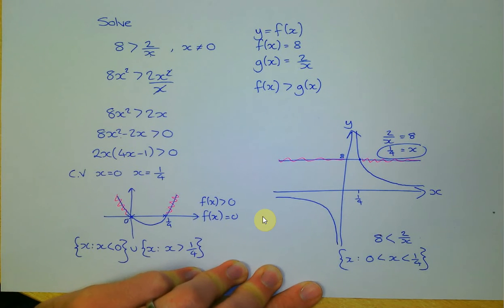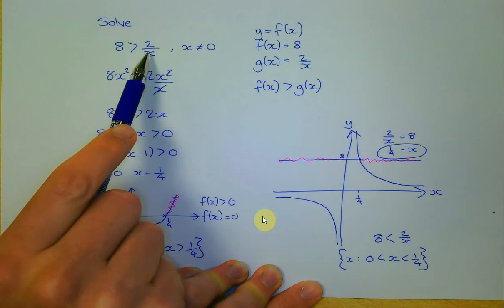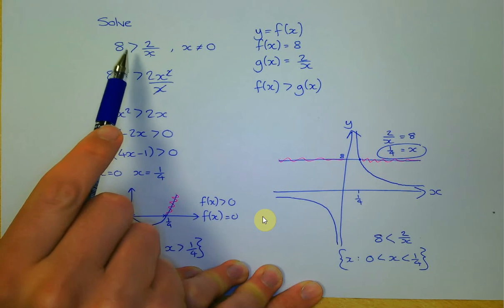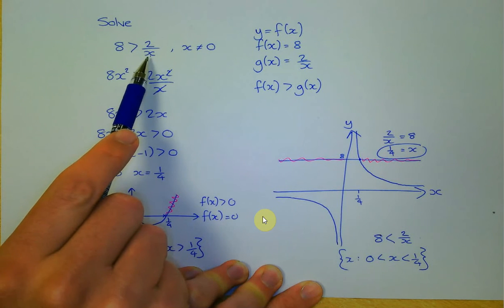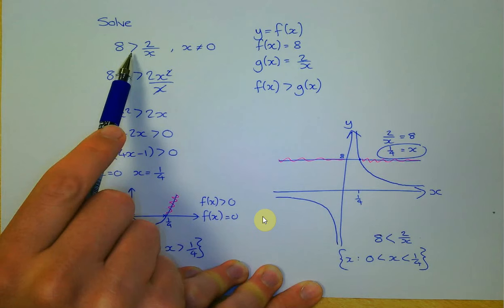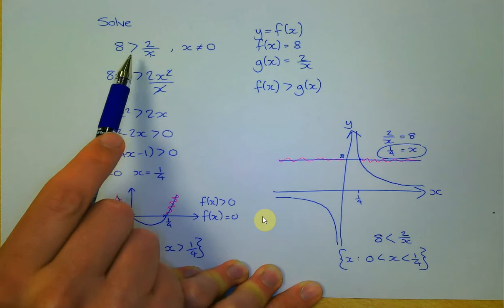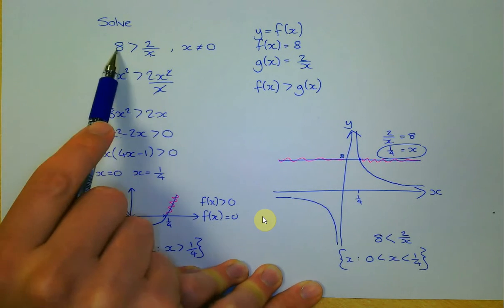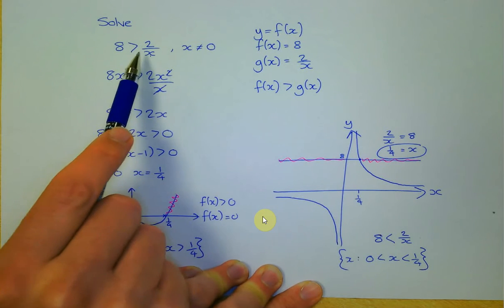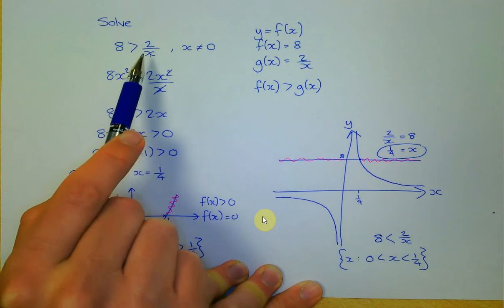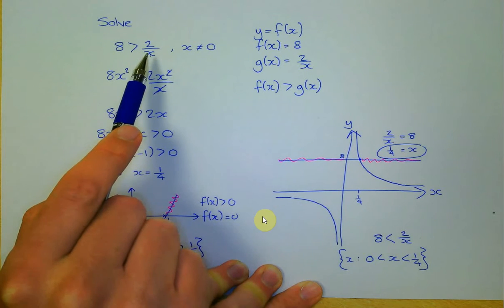Okay, so hopefully that makes sense. You've just got to be really careful when you've got a denominator of x with an inequality. Just to remind you, you've got to make sure it's positive that you're multiplying by, so we don't have to change the inequality sign, because if we do, we'll lose the solution. So just remember, you've got to multiply by a square number, so make it squared.